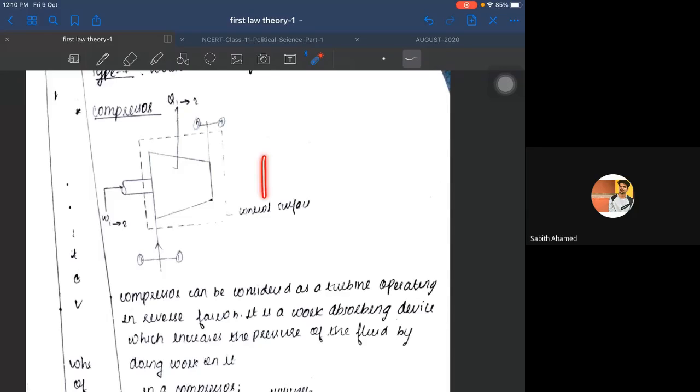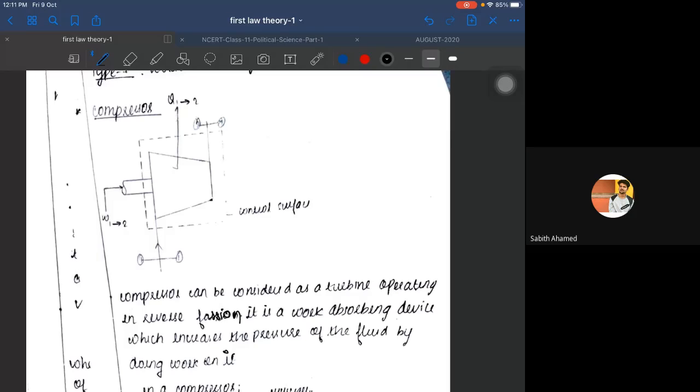For the turbine, the inlet is here and the outlet is here, where expansion occurs. But in the compressor, it's the reverse fashion, where compression occurs. So the compressor can be considered as a turbine operating in reverse fashion. It is a work absorbing device which increases the pressure of the fluid by working on it.